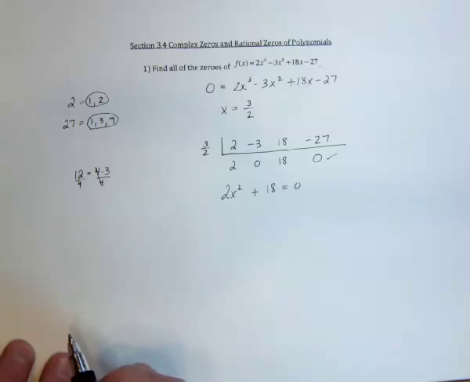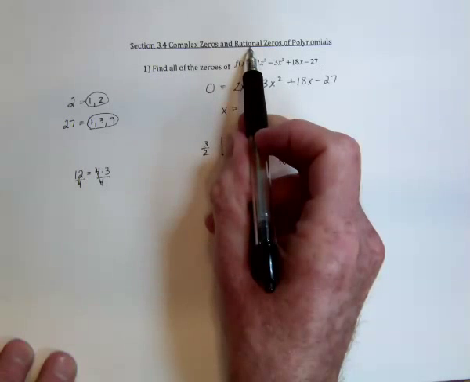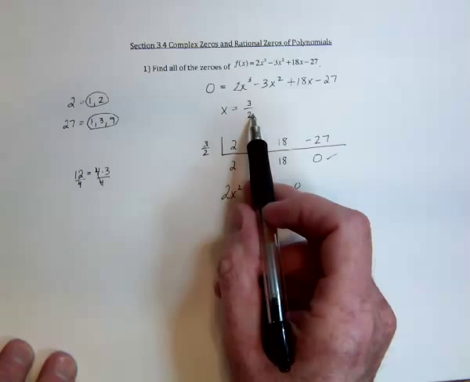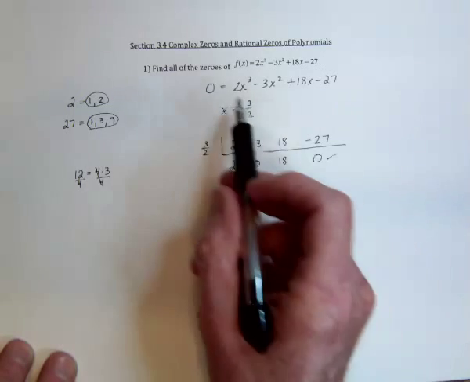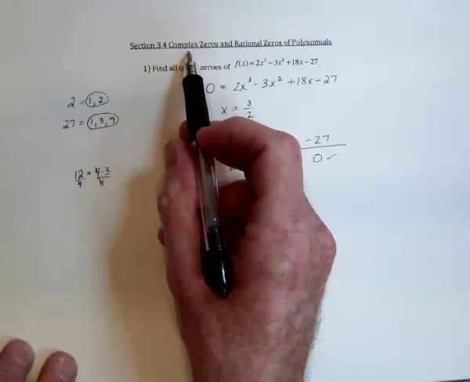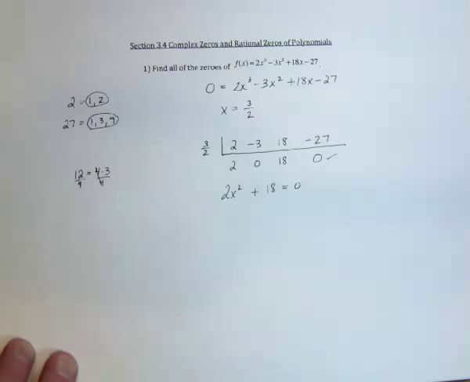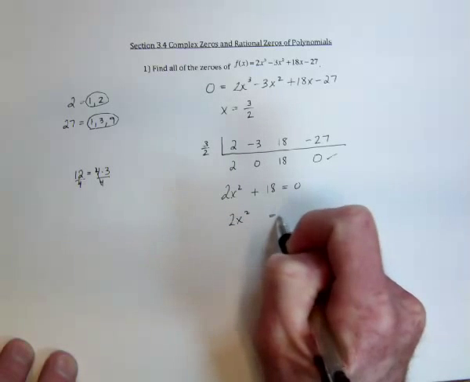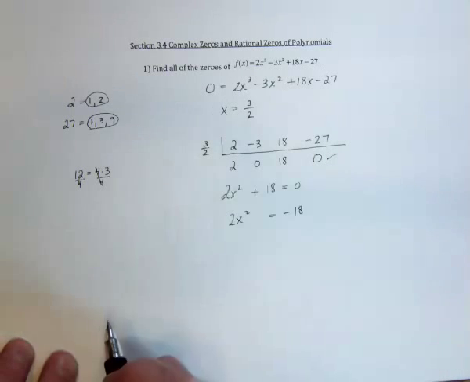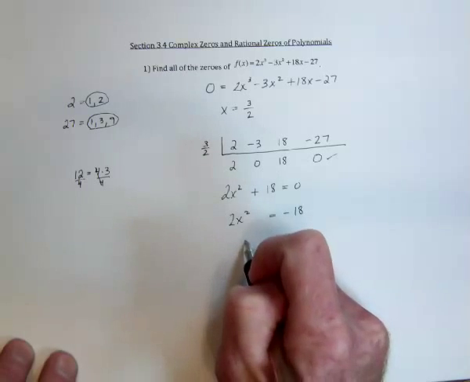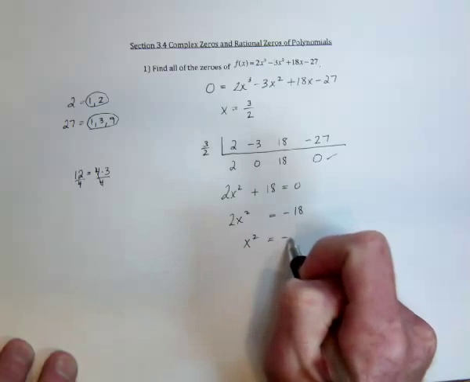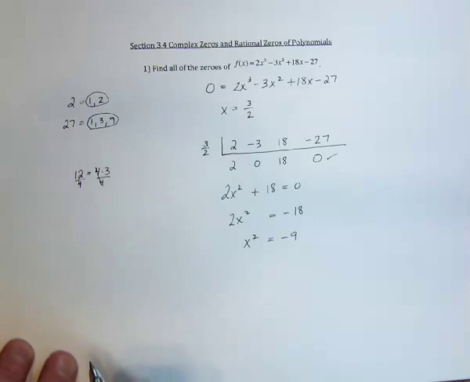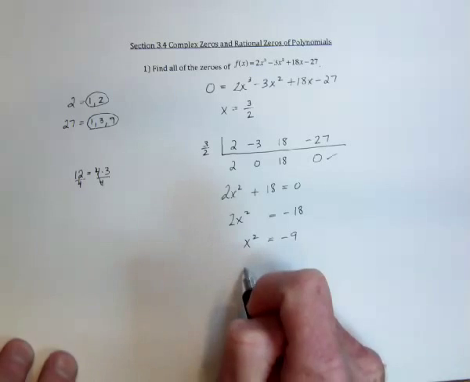And then from this polynomial we need to find the other two zeros. So the first one was a rational zero, a fraction, and it looks like the next two are going to be complex zeros. So to solve for x, we can subtract 18 from both sides, divide by 2, and then take the square root.